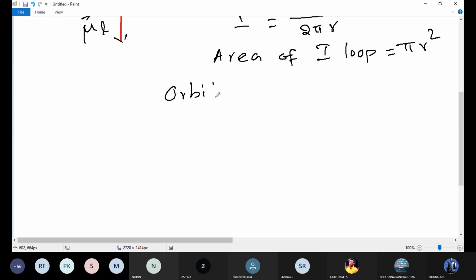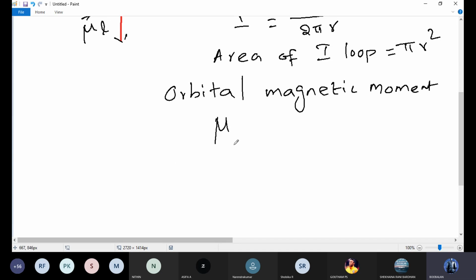Because this is a uniform circular motion, the orbital magnetic moment mu L is equal to I into A. Please note the orbital magnetic moment formula, I into A.